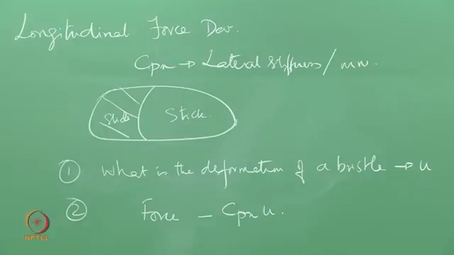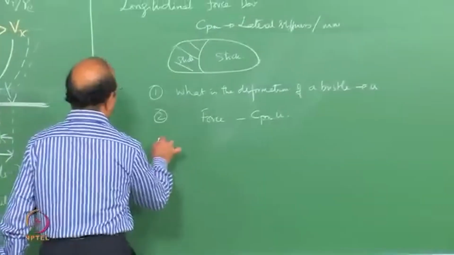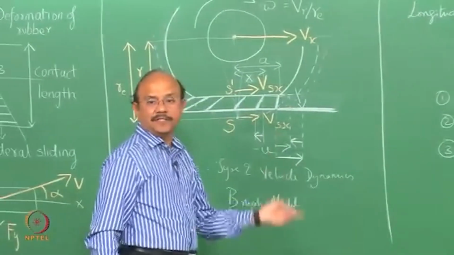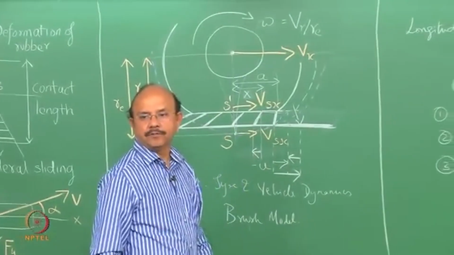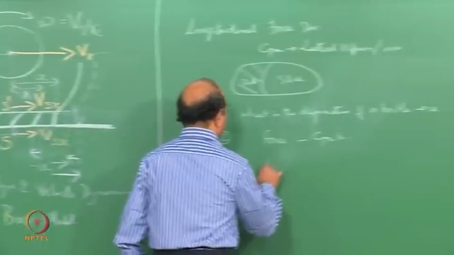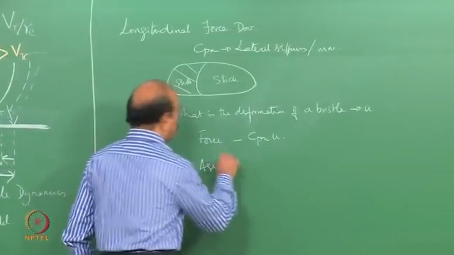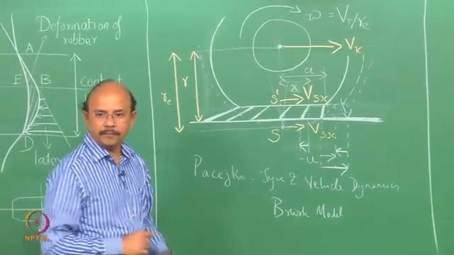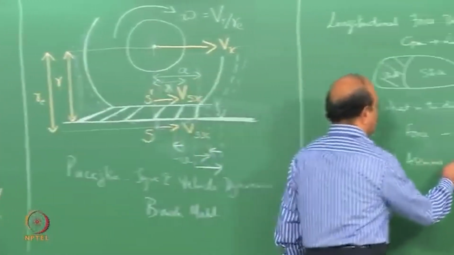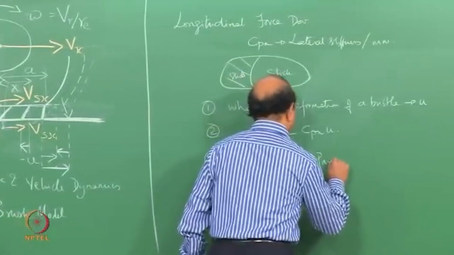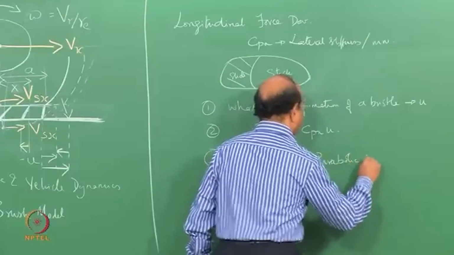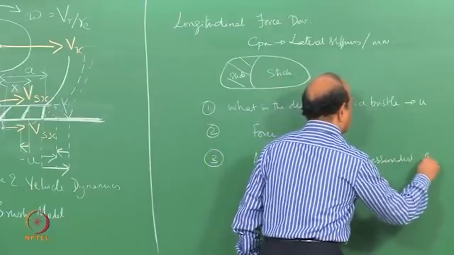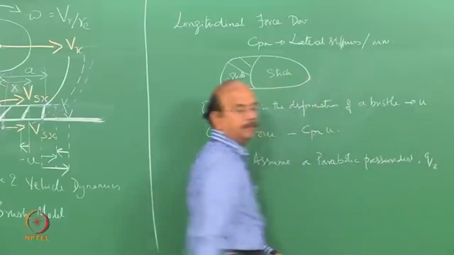The third thing I am going to do is to assume a pressure distribution, because one is the left hand side and the other is the right hand side of the equation. So I will assume a pressure distribution, which in this case we are assuming to be parabolic, and call it qz.